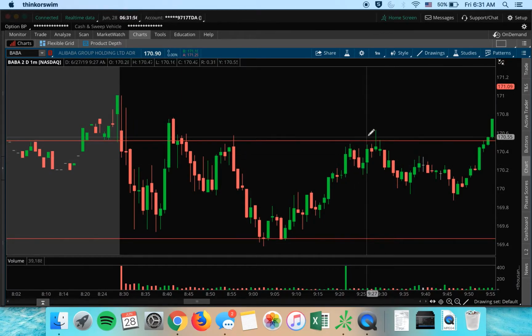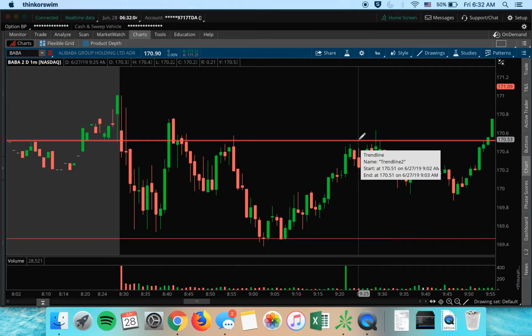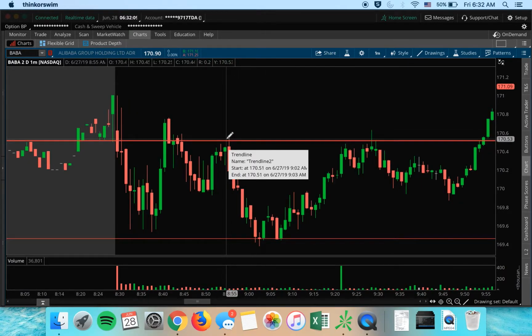And then, boom, it goes through with this wick here, and then it slams back down. So this is clearly an area of resistance right here. Just because it's tested more than once, we can come to the assumption that it's a good area of selling where a lot of people will be selling their shares.